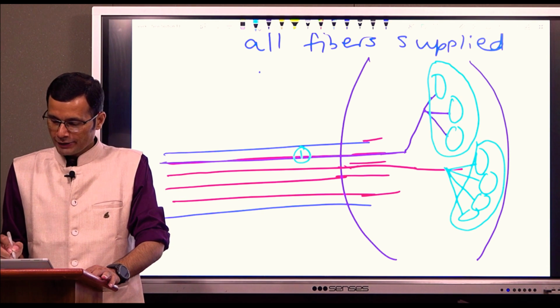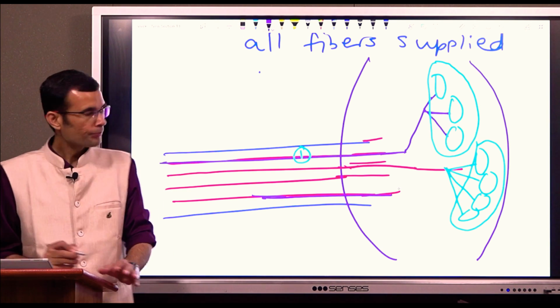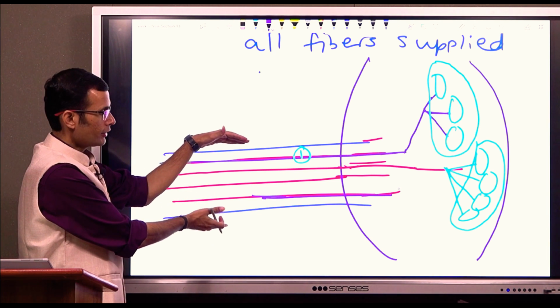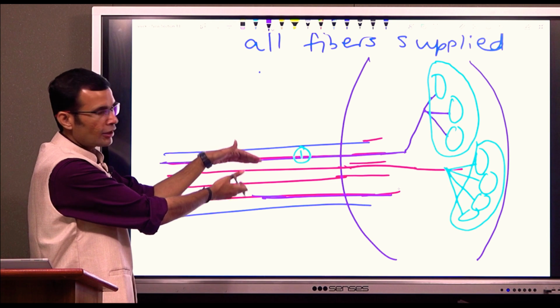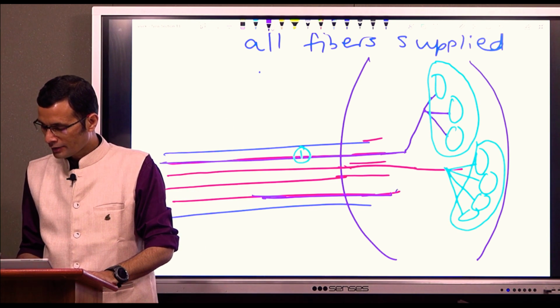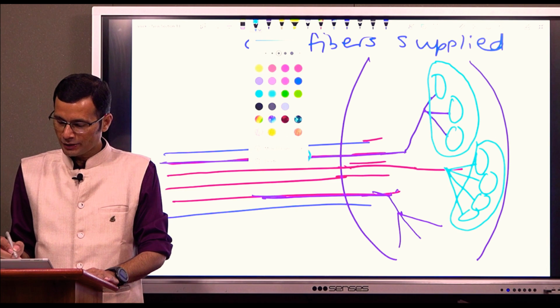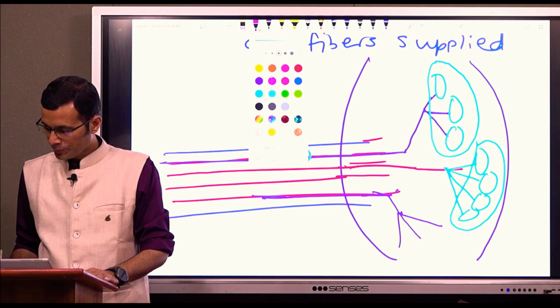And let's say another motor neuron. See, this is the entire nerve trunk. It contains all these nerve fibers in it, the axons. Each axon has its axonal branches and those branches are supplying the muscle fibers.